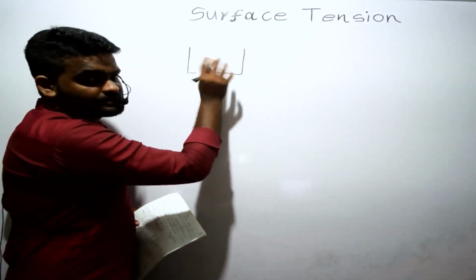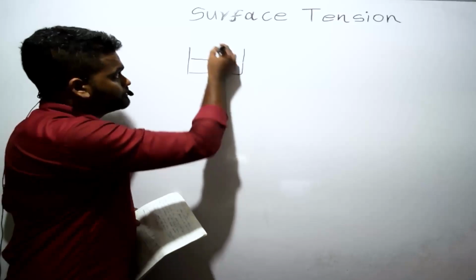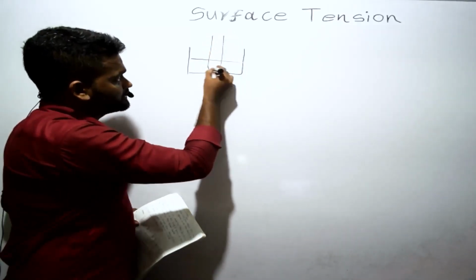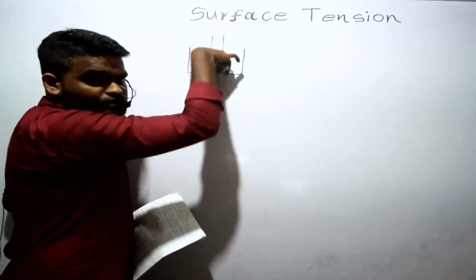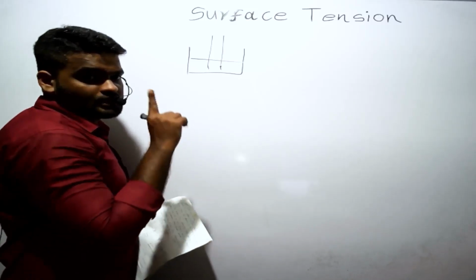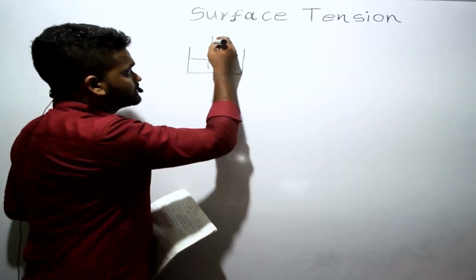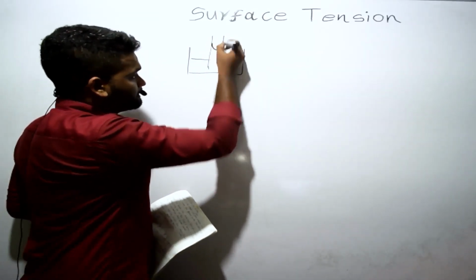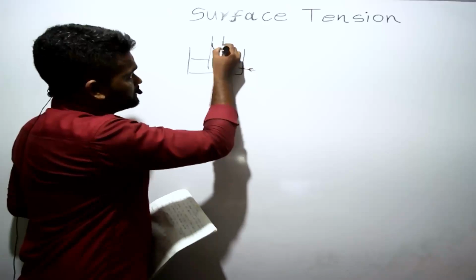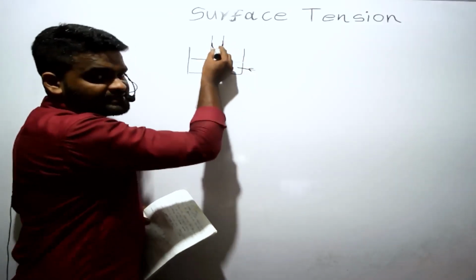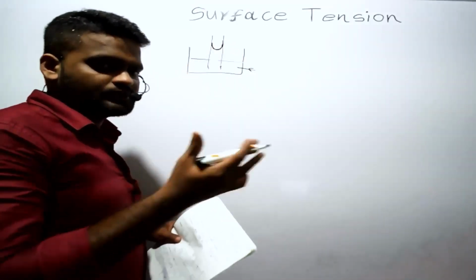You take benzene, and you immerse the glass tube like this. So what happens is there's a rise, capillary rise. We haven't gone to the capillary rise yet.